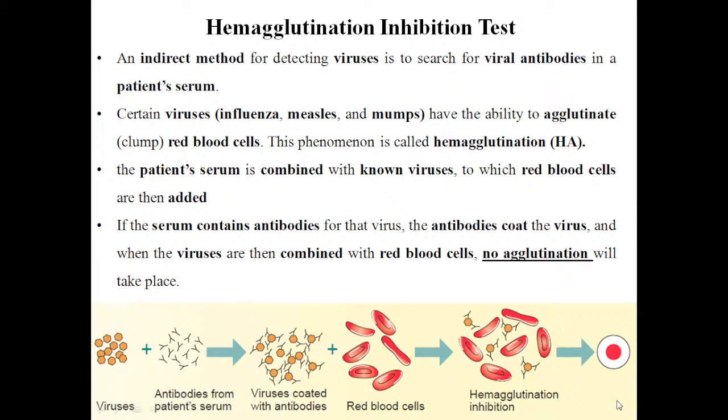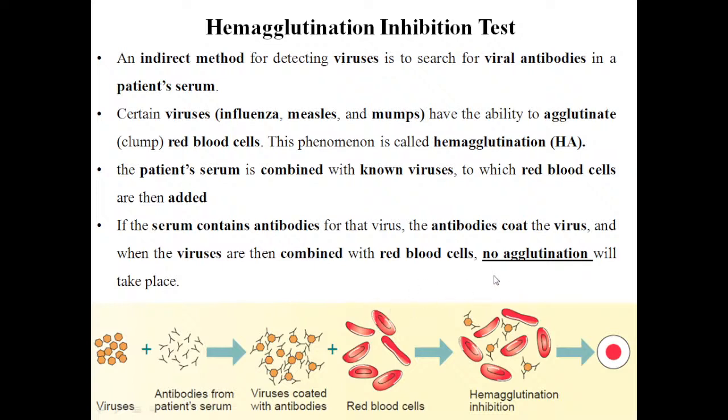In another case, in negative result, what happens? For example, let's imagine that we suspect that our patient has influenza, and we take influenza virus and collect serum from the patient, and then add red blood cells.